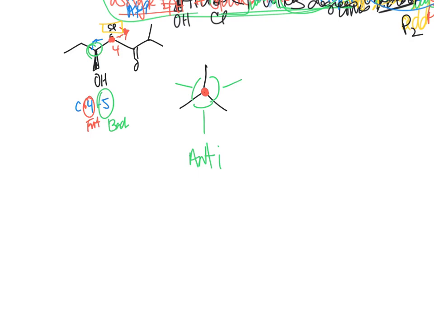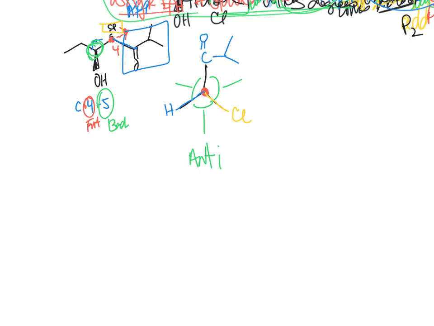So here you can put Cl coming here. What else is coming off of 4? This group here. So you can put that up there, C, O. Okay. That's coming off of 4. And then what you don't see coming at you is the hydrogen. So that's the hydrogen. And then you go to the back, you have an OH.